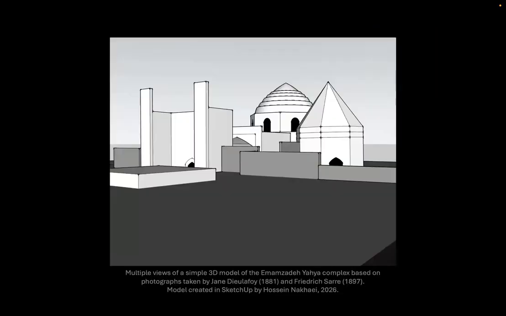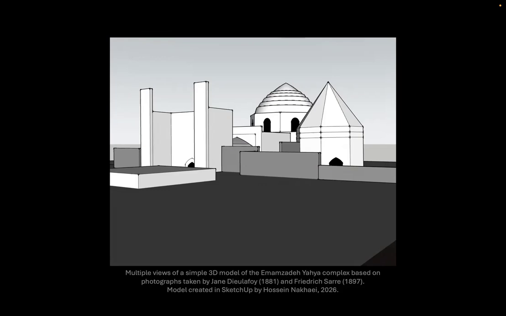In conclusion, this case study shows how even a relatively simple 3D model based on historical photographs can deepen our understanding of the spatial organization of a lost or altered architectural complex.